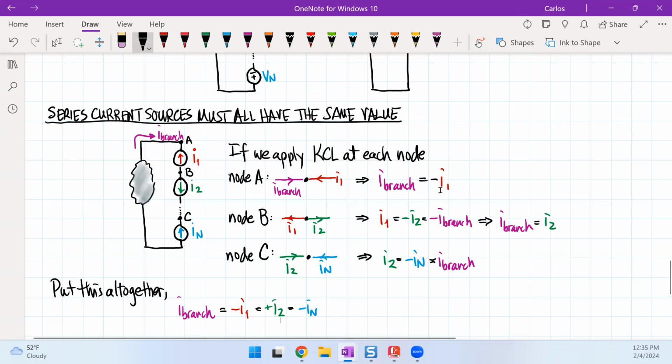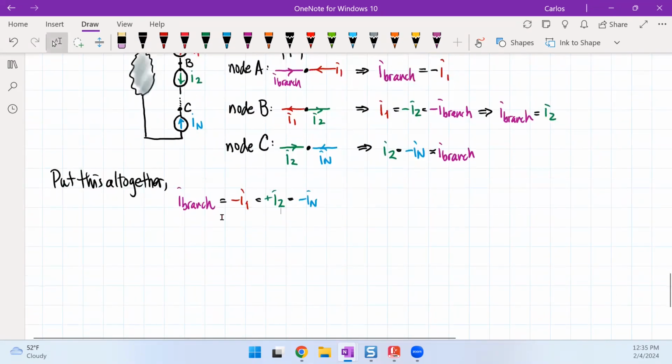So all of these currents must be the same, or else they violate KCL.